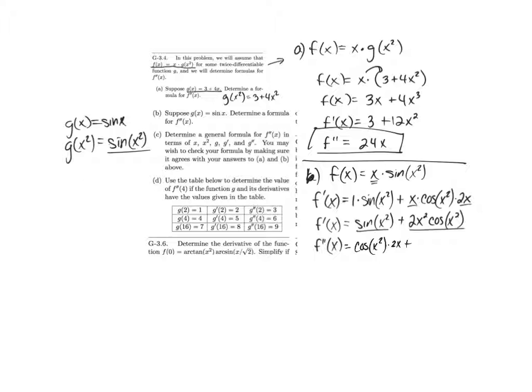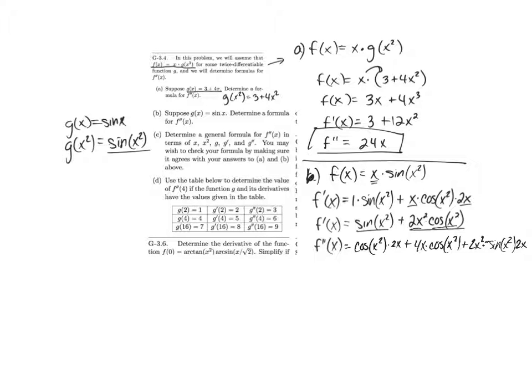Plus 2x squared, its derivative is 4x, times cosine of x squared, plus 2x squared times the derivative of cosine of x squared, which is negative sine of x squared times 2x.